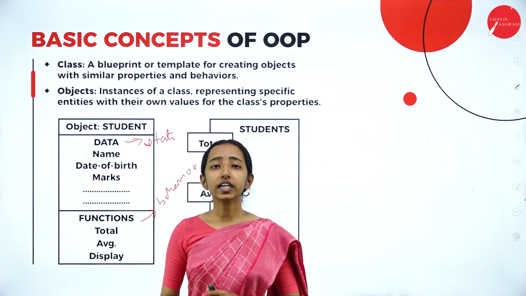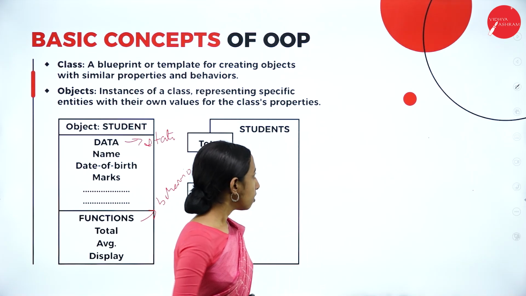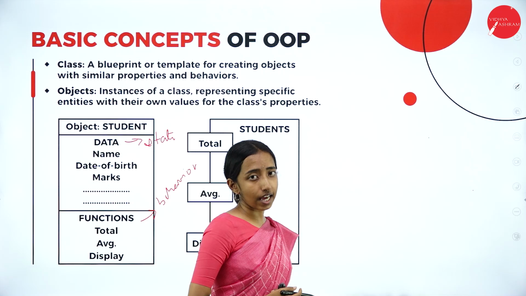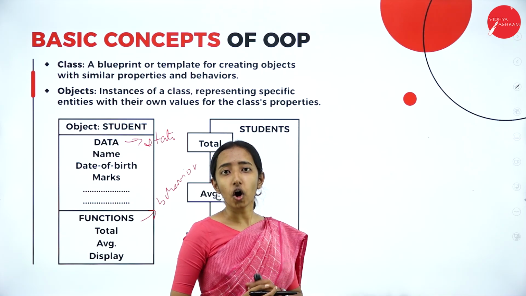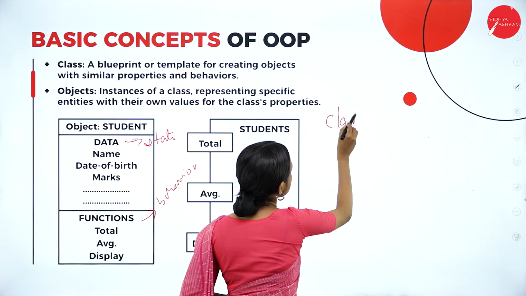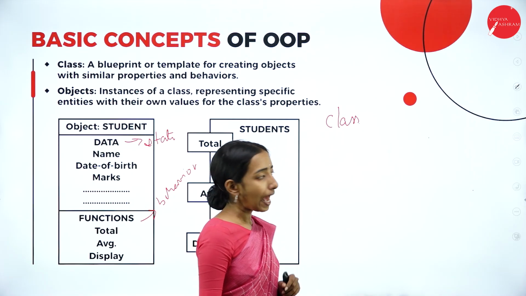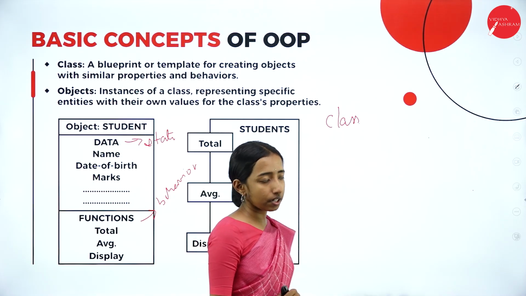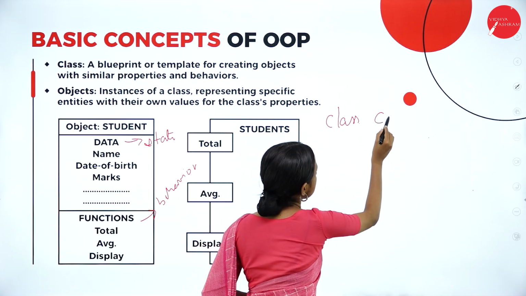Now, how to create this class and object? There is a syntax to create classes and objects. I will take the class keyword, and I have taken the example of car.